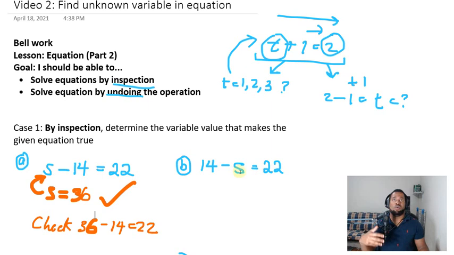You don't want a big number for s, which means you don't want 36, because you're going to get an even smaller number that is less than 22. So to get 22 as the big number, you need s to be really small, most likely below 0. So you start with -1, put -1 for s.